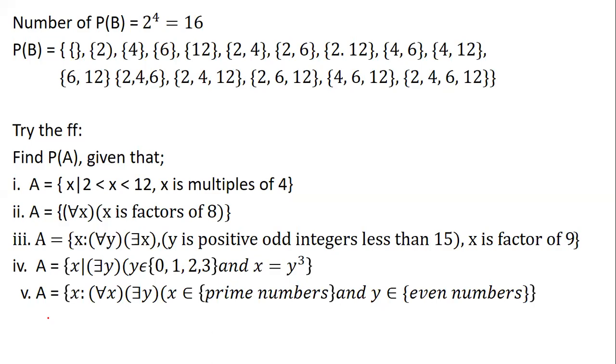Yes, sir. So what is the set of A? Please, can you say all even prime numbers? The question is that for all X, X prime numbers, there exists Y, and Y belongs to the set of even numbers. The set of A is 2.